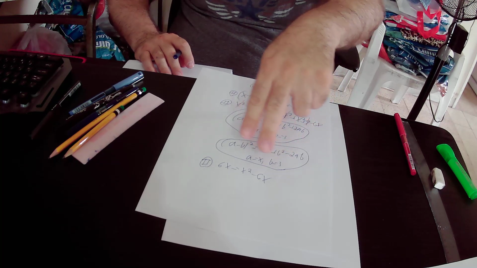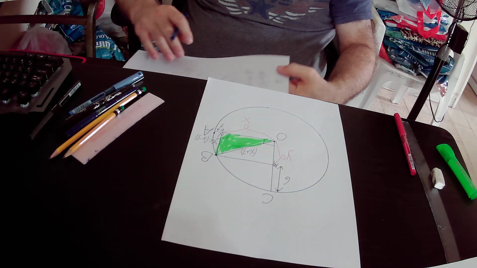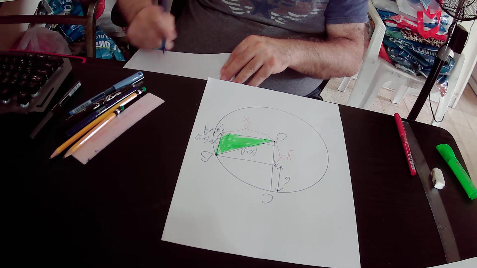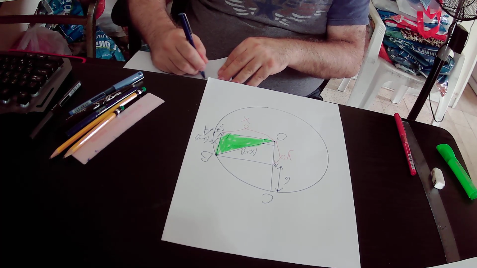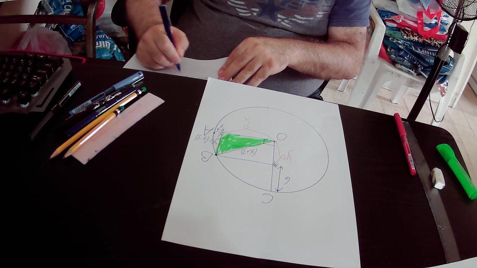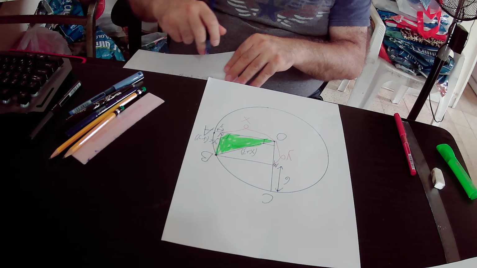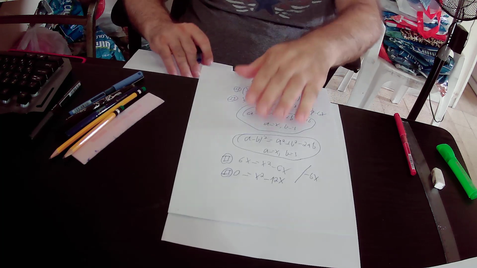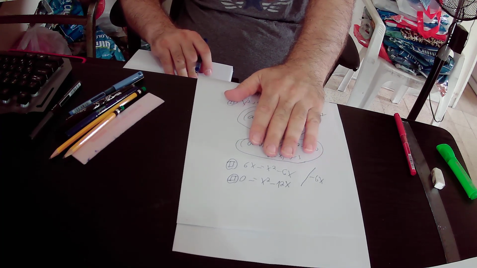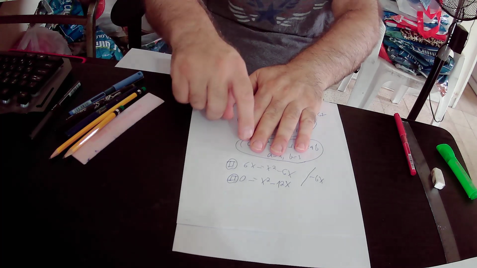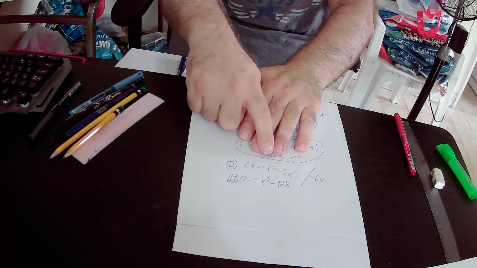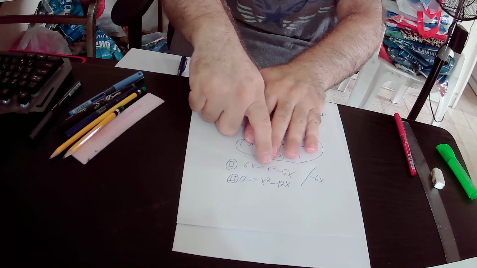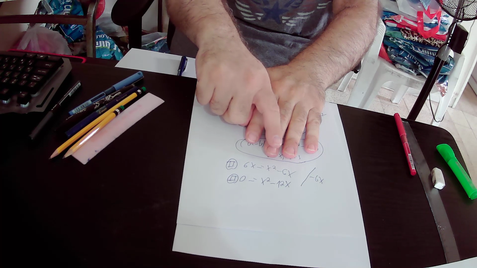Now I will subtract 6x from this equation. 6x minus 6x equals 0, and x squared minus 6x minus 6x equals x squared minus 12x.